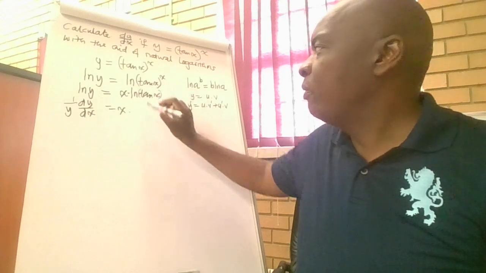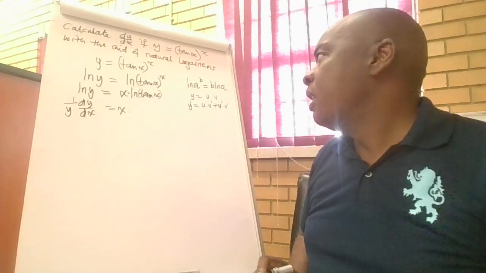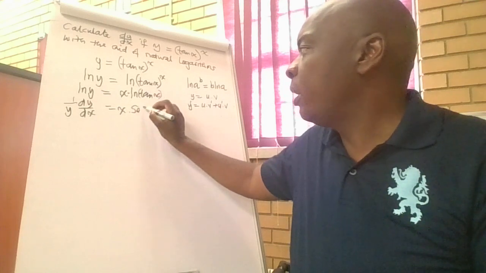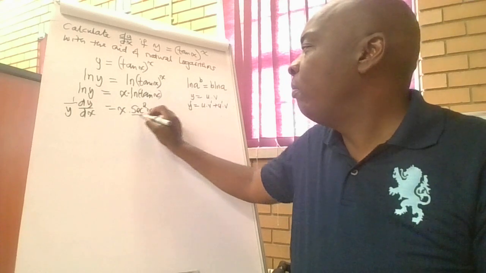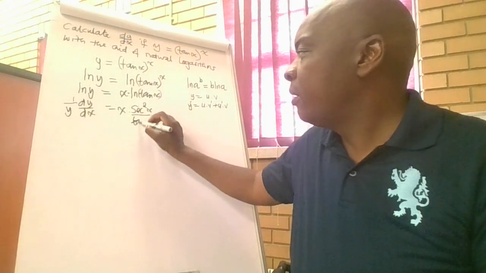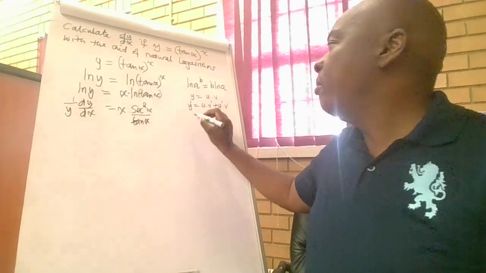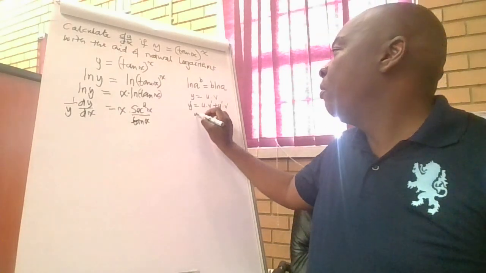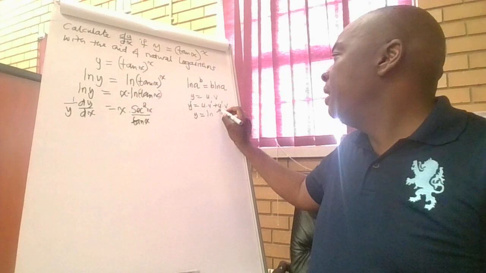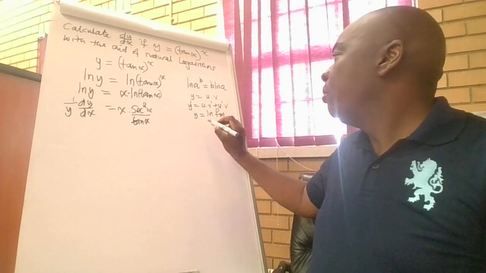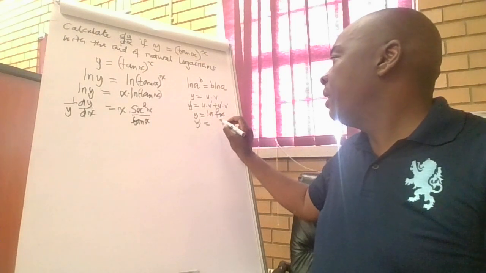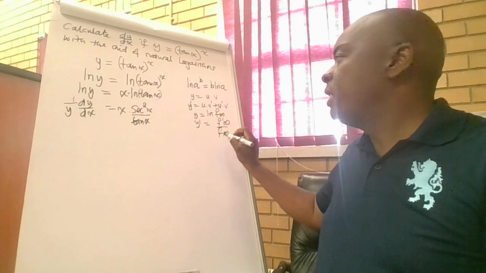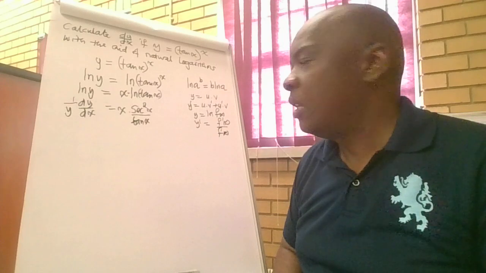When you differentiate the ln of tan x, what you get is sec squared x over tan x. This comes from the simple law which says that if you have y is equal to ln f of x, when you differentiate that, what you get is f prime of x over f of x. That's exactly what we have used here.